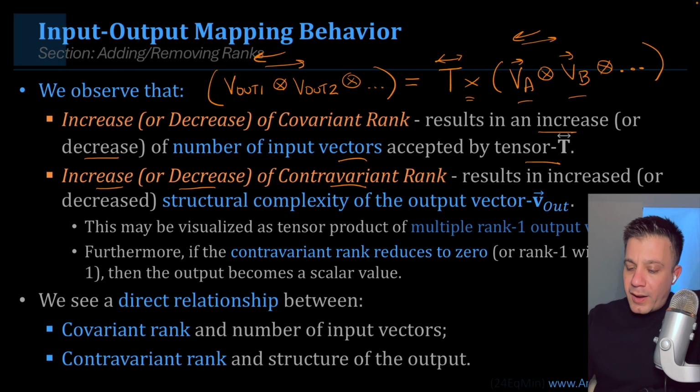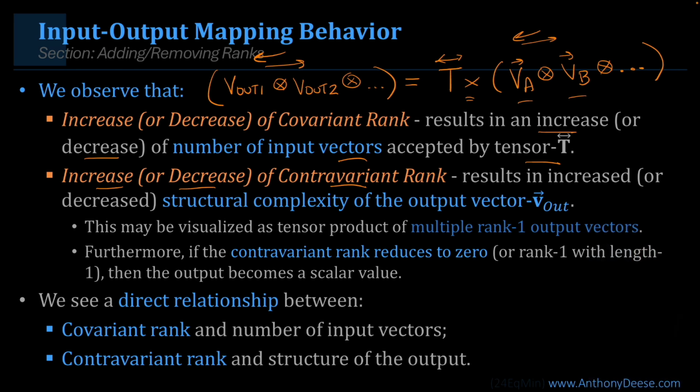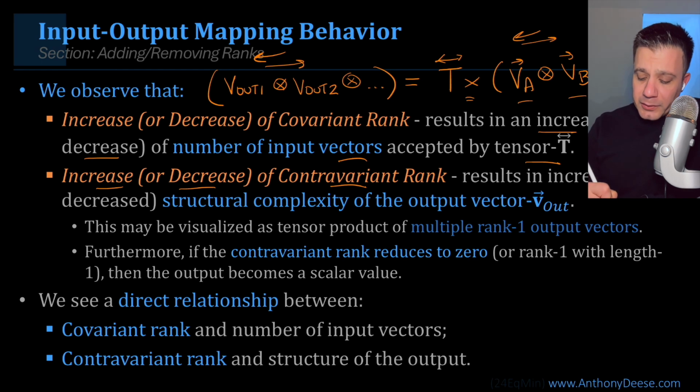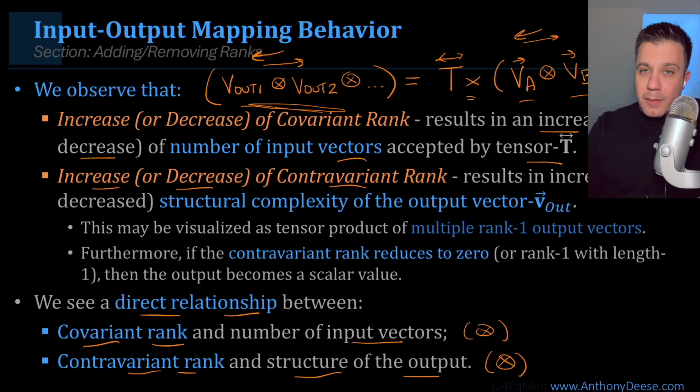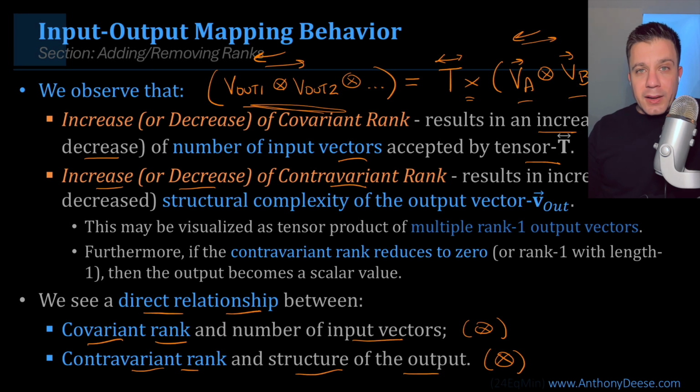So the number of outputs increases or decreases proportionally with the contravariant rank. So we can see a direct relationship between covariant rank and the number of input vectors that are combined via tensor product, and contravariant rank and the structure of the output, which we should just say is the number of outputs that are combined via tensor product.